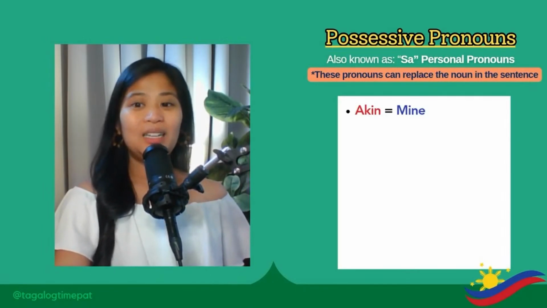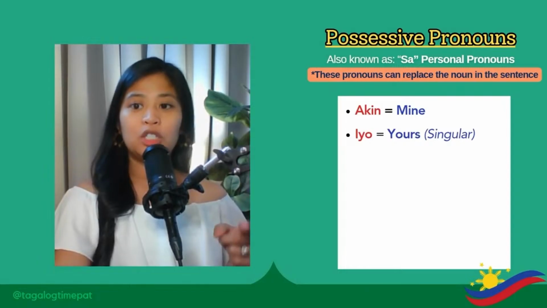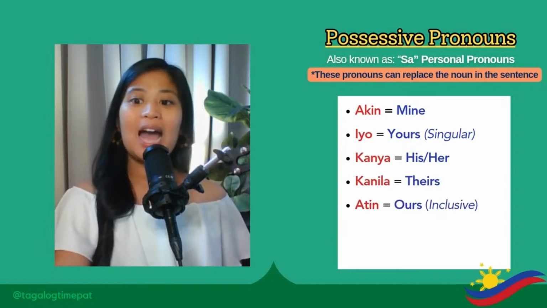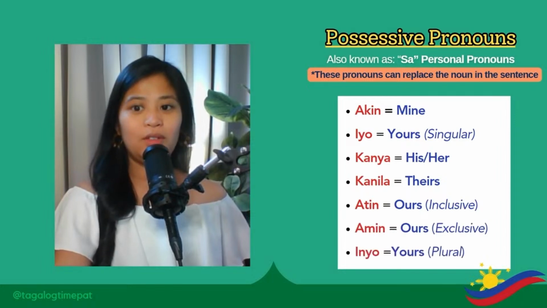So akin means mine. Iyo means yours, singular. That's just you, it's yours. Kanya means his or her. Kanila is theirs. Atin is ours, inclusive. Amin is ours, exclusive.